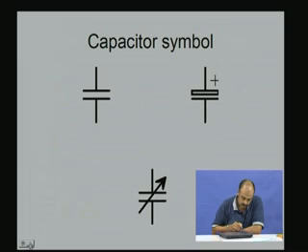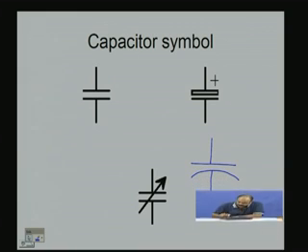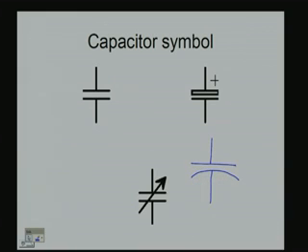There is also a capacitor with the following symbol, which you will also come across in the literature. A terminal which is attached to a straight line plate, and another terminal which is attached to a curved plate.